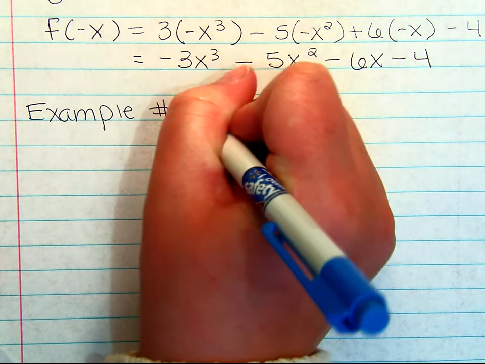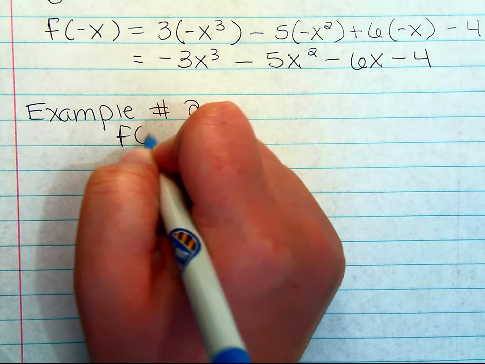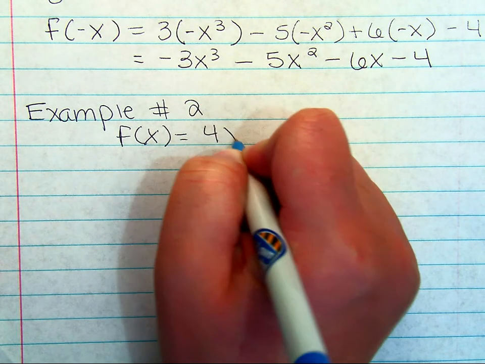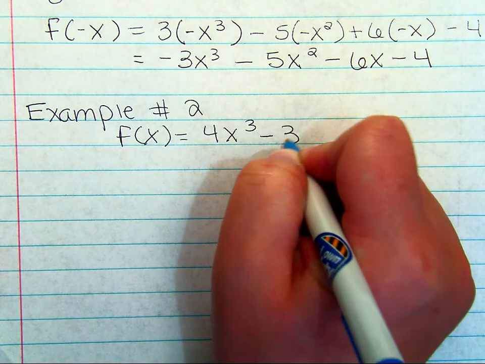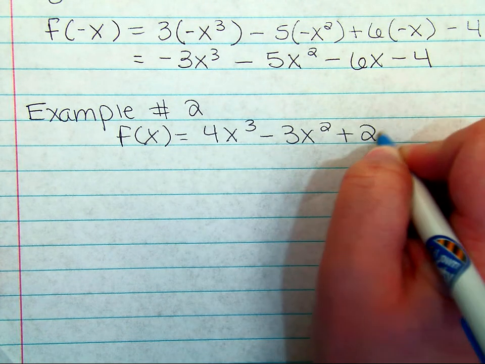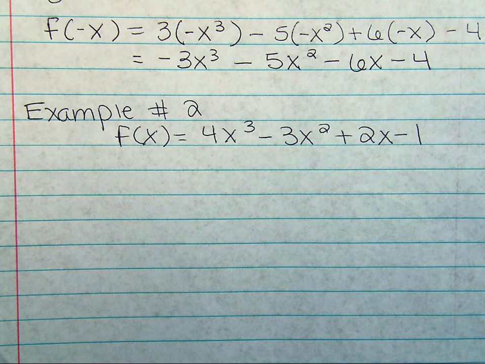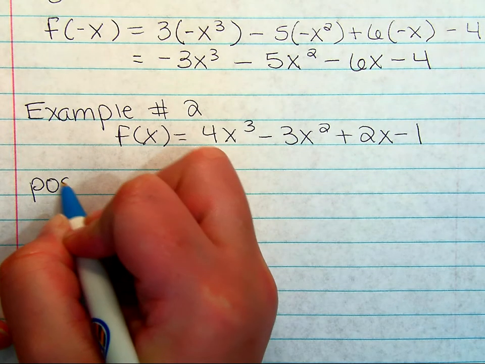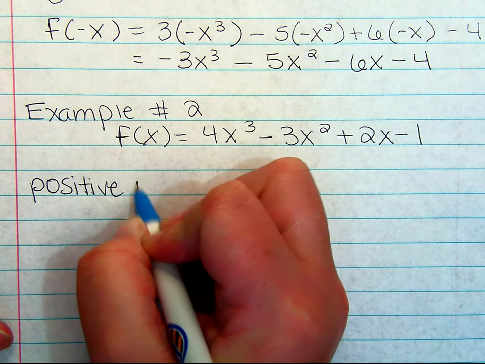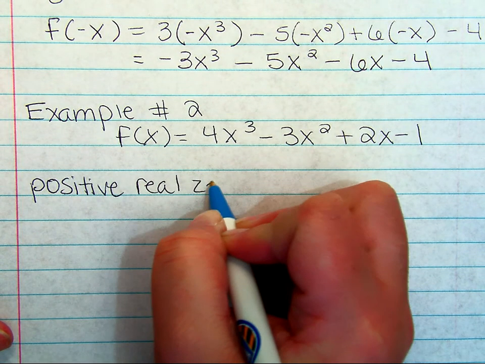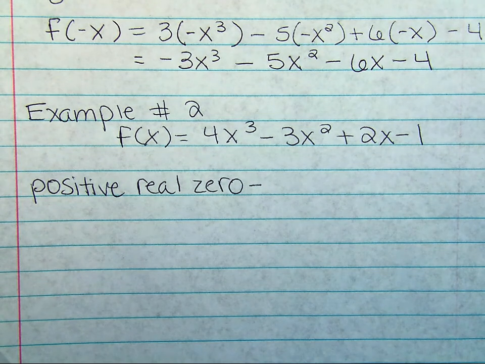Let's say we've got f of x is equal to 4x cubed minus 3x squared plus 2x minus 1. All right, positive real zeros. All right, look at how many times the sign changes. So here it went from positive to negative.